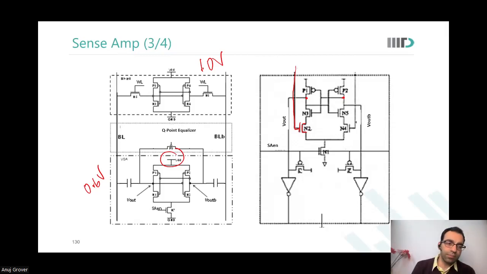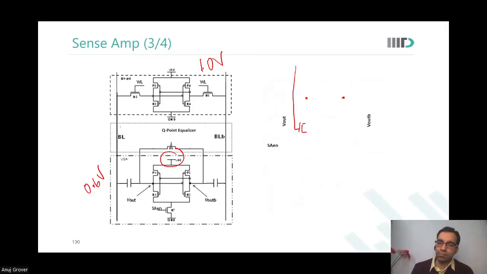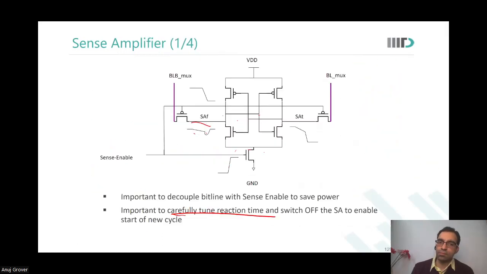So how am I decoupling them? Initially, sir, we were towards the discharge kind of decoupling, and this one. So in the reset mode, what is the status of BLB and SAF? Both are pre-charged.